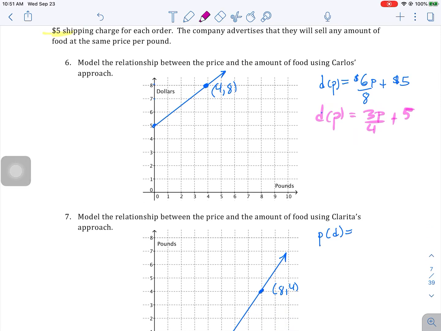Now to do the other one, it's P of D. So to do this, what I would do is say D equals 3p over 4 plus 5. I'm going to solve my equation for p. And so I've got D minus 5 is equal to 3p over 4.